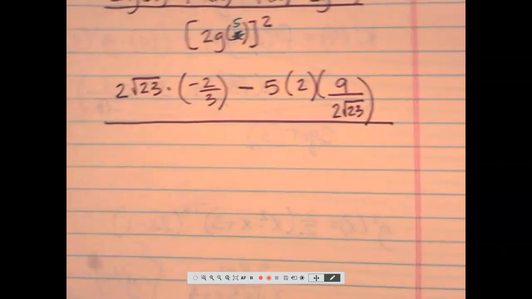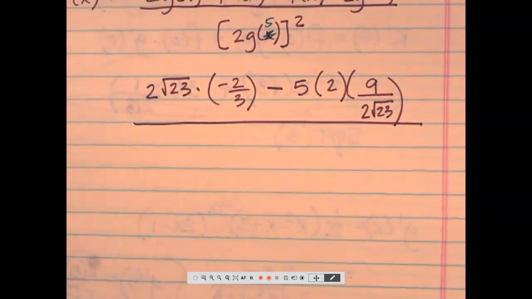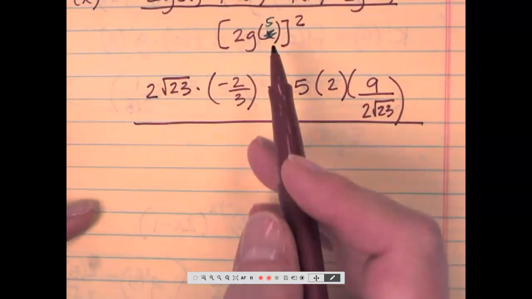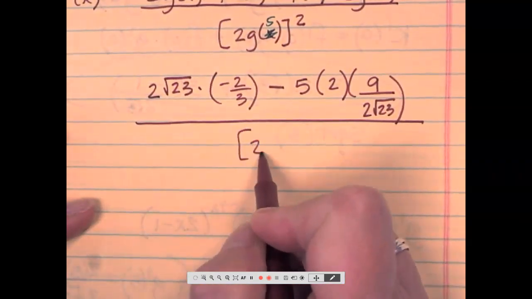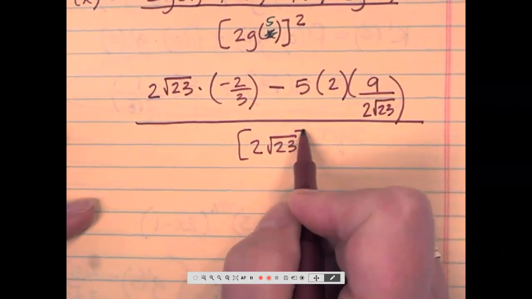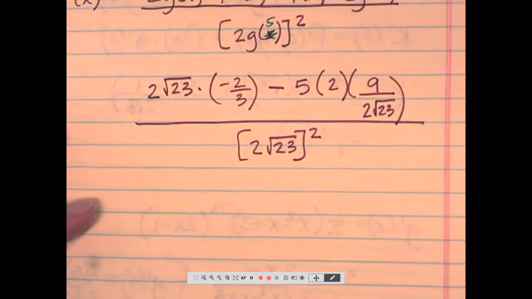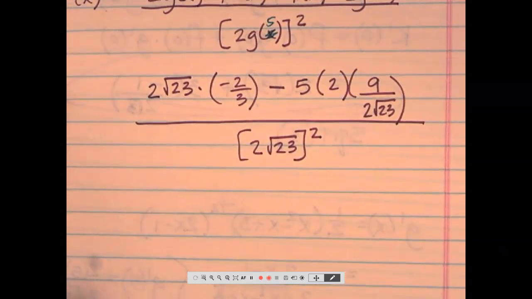And don't forget your big denominator. G of 5, we already found that, right? That was square root of 23. So I have 2 square root 23 squared. You can leave it, or if you want to type it all in your calculator and get a decimal, you can.